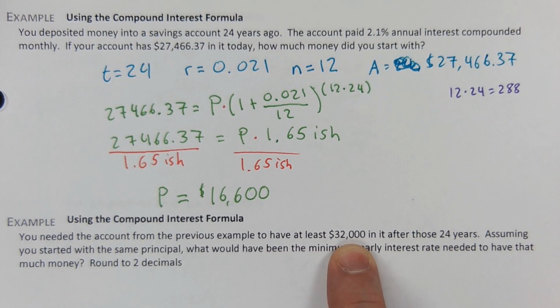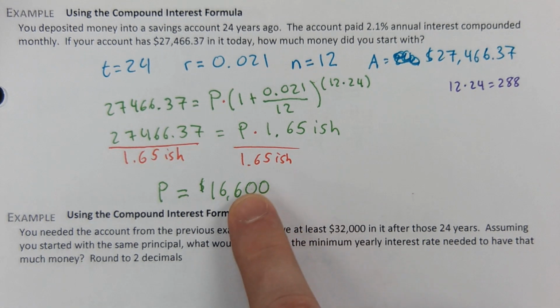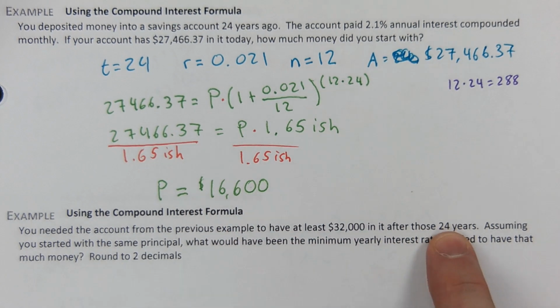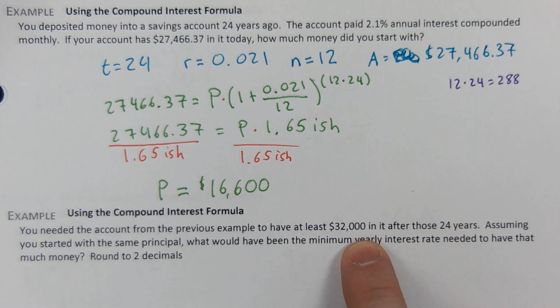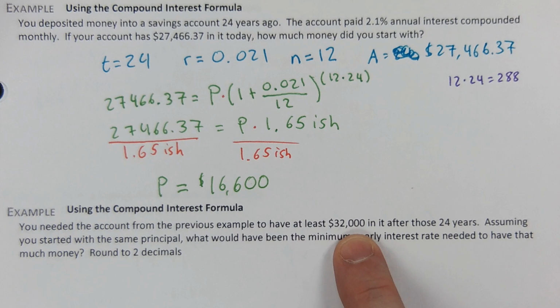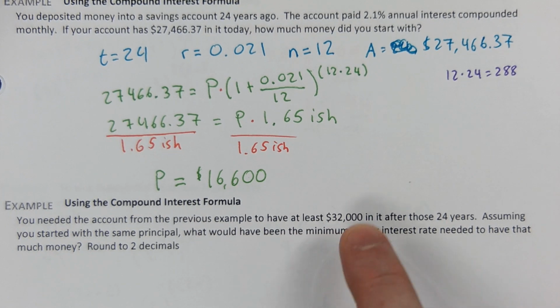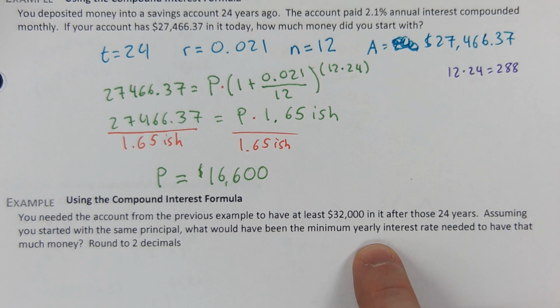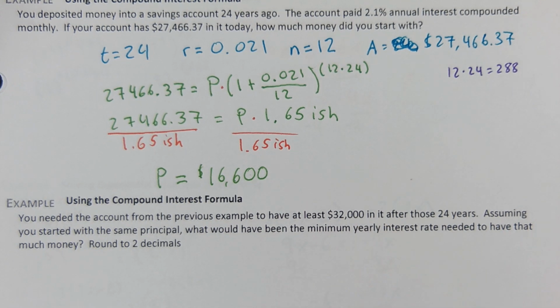Its interest rate wasn't high enough. So let's assume that this was all the money you had to begin with. You had to start with $16,600. And you know you only have the 24 years. And you know you need it to have the 32,000 at the end. What would have been the minimum yearly interest rate needed in order for you to have that much money?